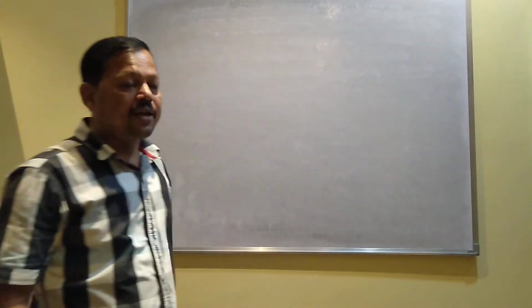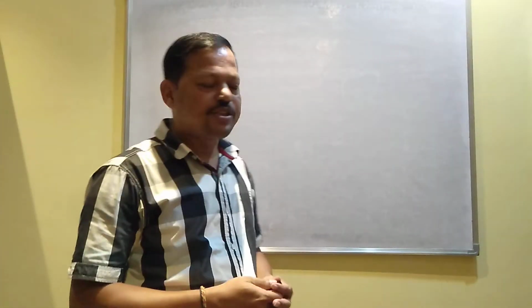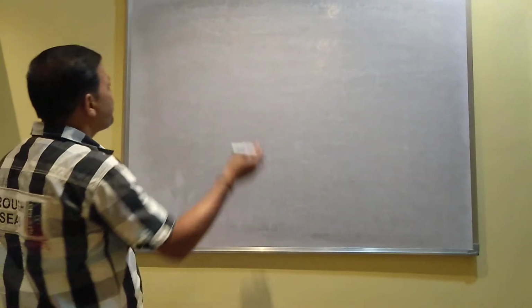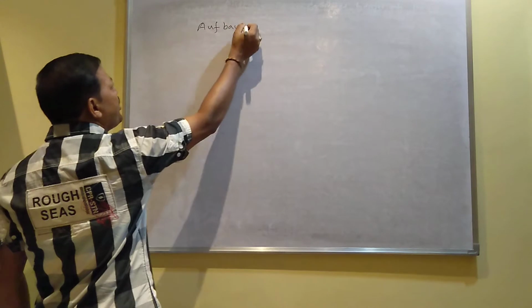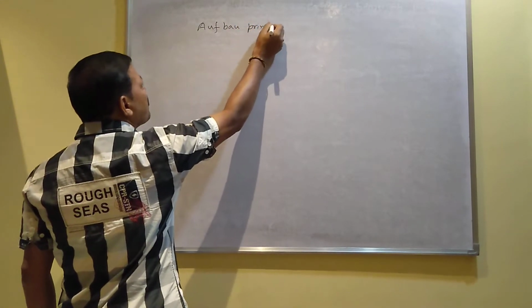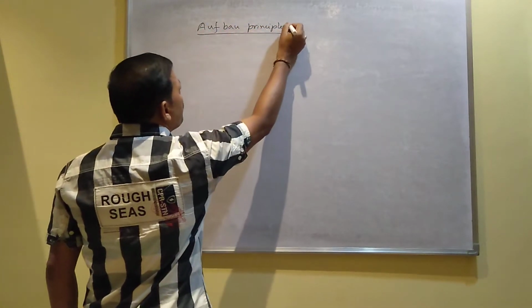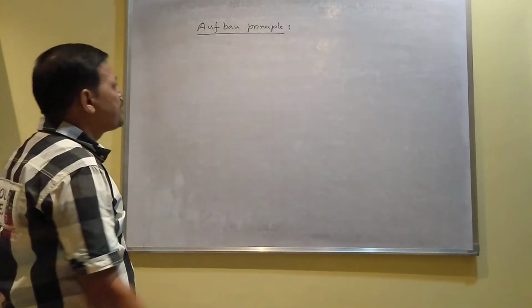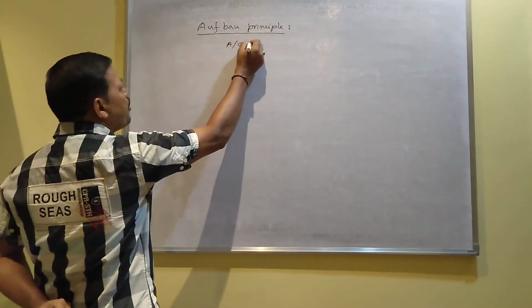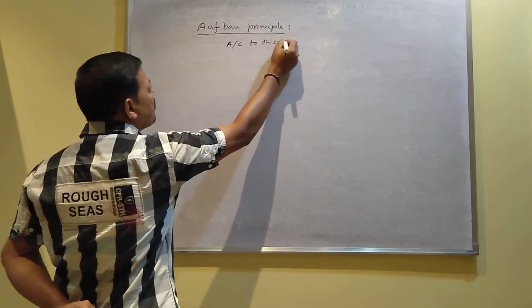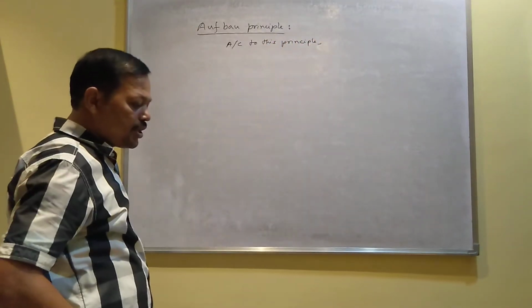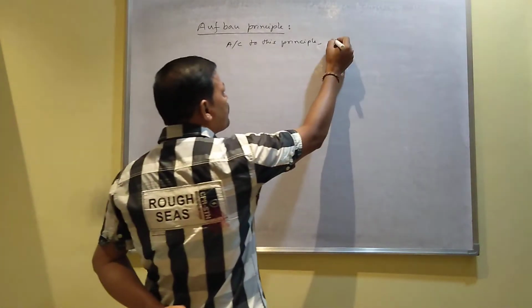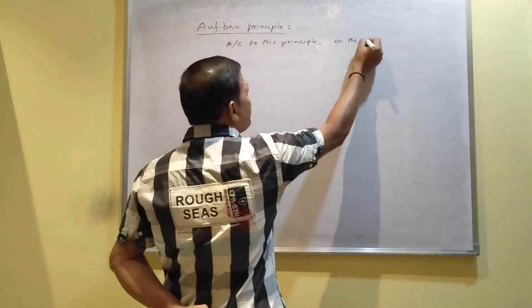Now there is another principle you should know to write the electronic configuration of atoms in terms of orbitals. The principle is called Aufbau principle. What is this principle? According to this principle, in the ground state of atom.